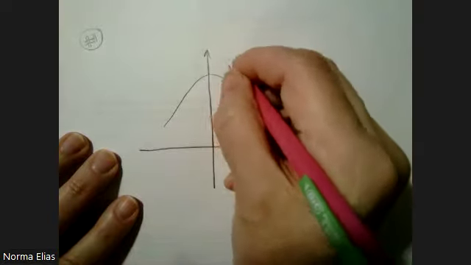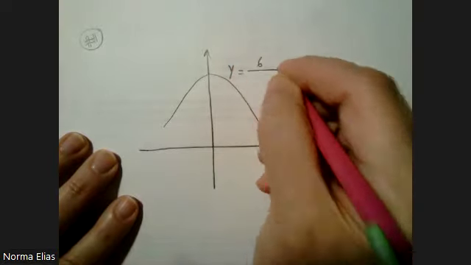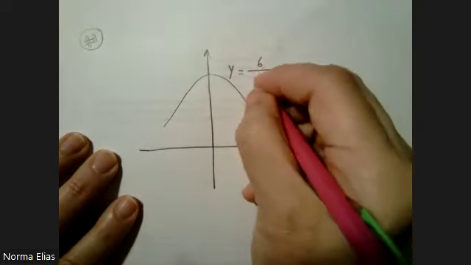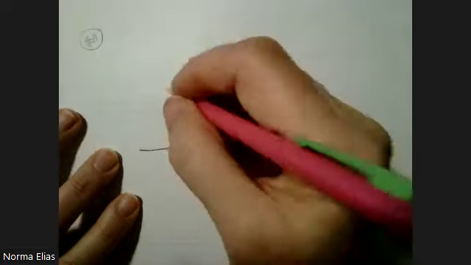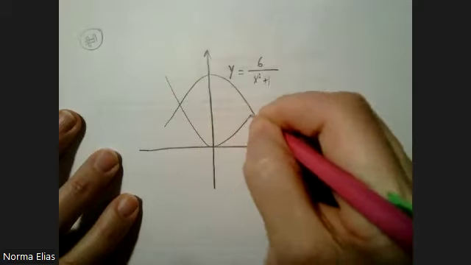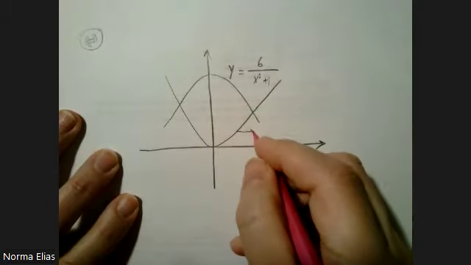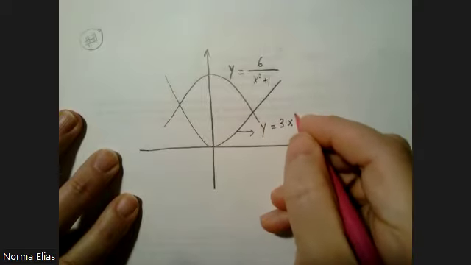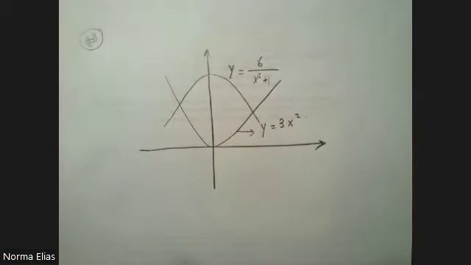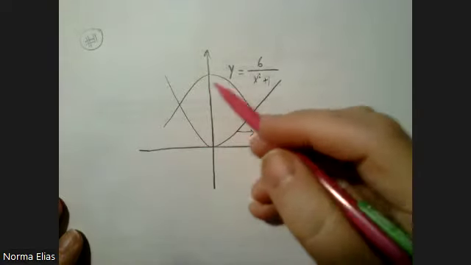And this is y equals 6 over x squared plus 1. And they give us another curve, and this one is y equals 3x squared. The question is to find the area in between.